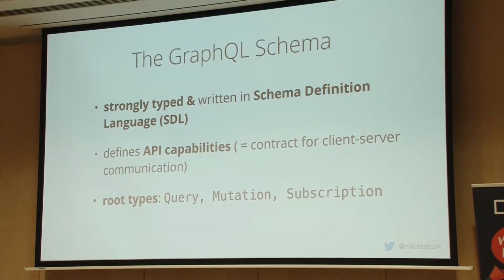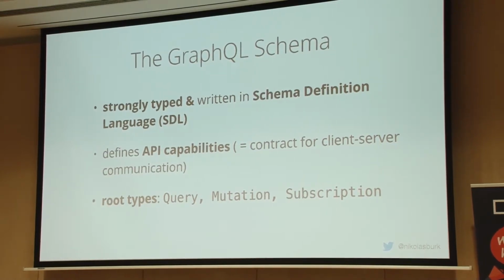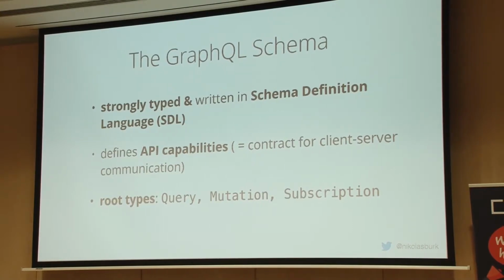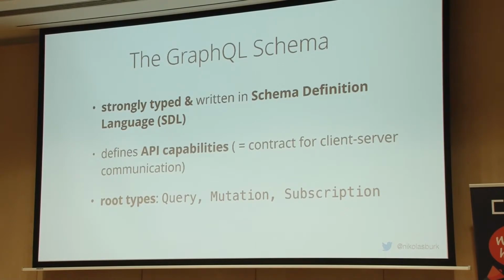And the GraphQL schema basically is just a collection of types that are written in the GraphQL SDL, but it has three special root types that are called query, mutation, and subscription. And if you've paid attention before, you know that these are exactly the three operation types that we have in GraphQL.